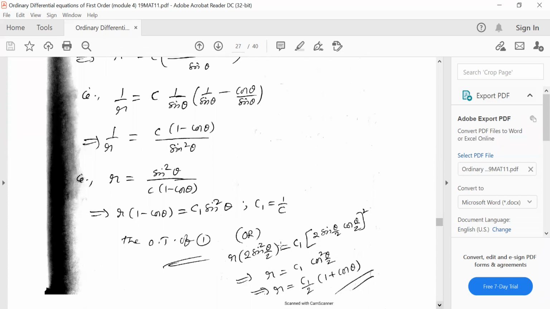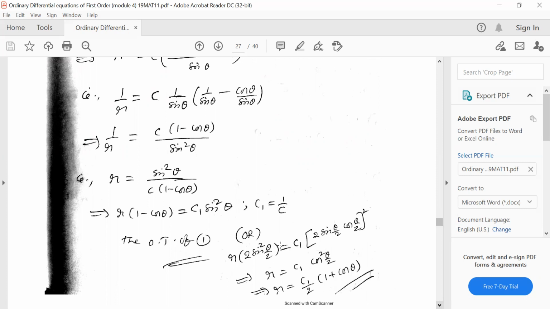Just writing it in a standard form would be convenient instead of stopping at any step. See, here we have written 1 minus cos theta sine square theta, and written sine square as 1 minus cos square. All that we have written so that it will be easy for our simplification, so that our answer will be in a standard form. So r into 1 minus cos theta is sine square, again written as sine square.